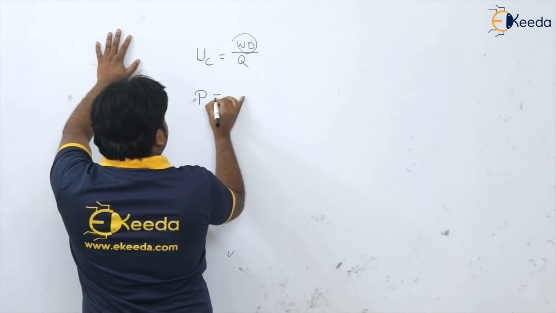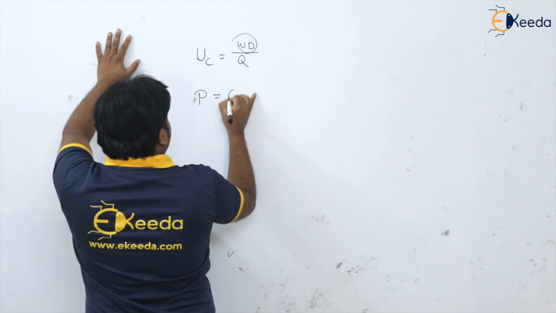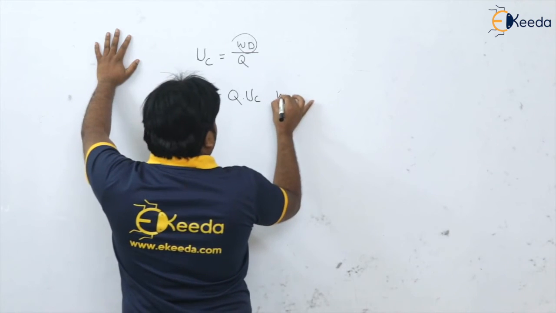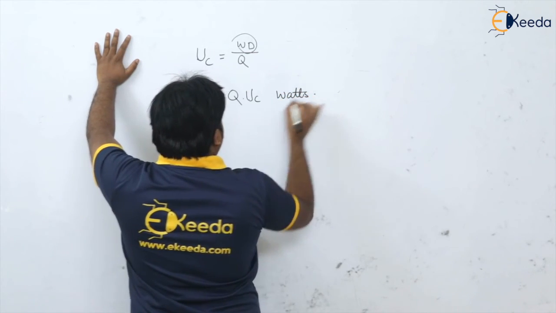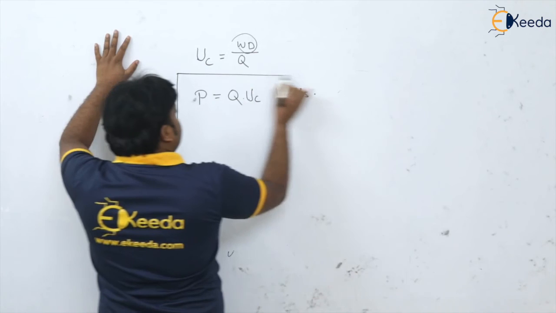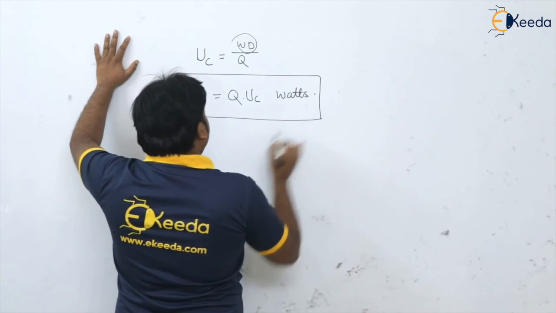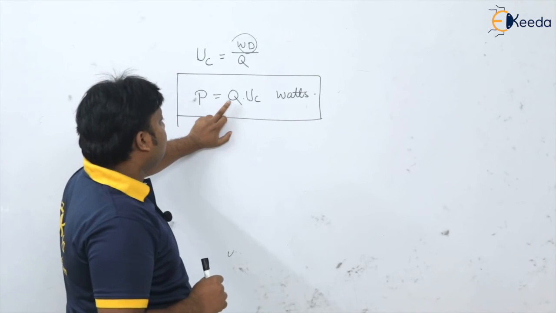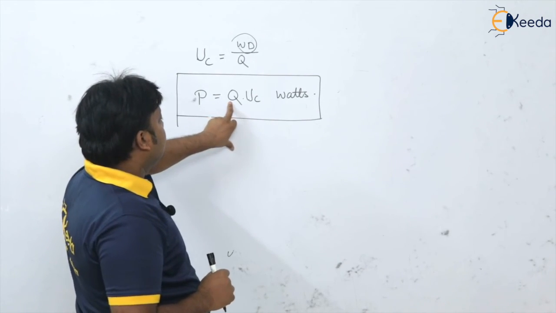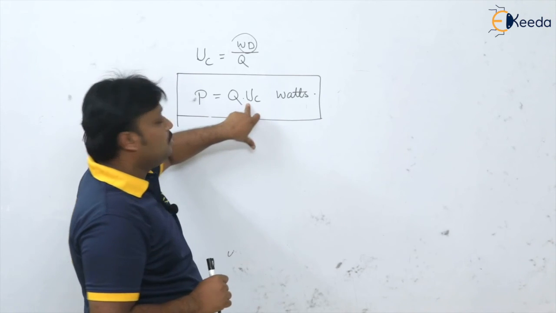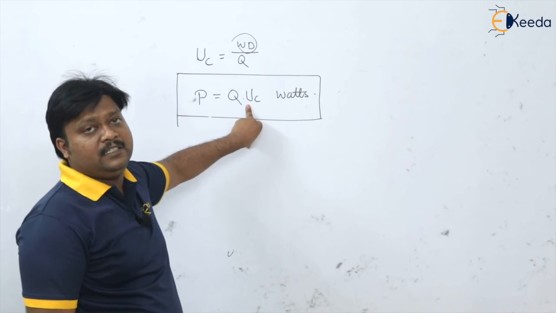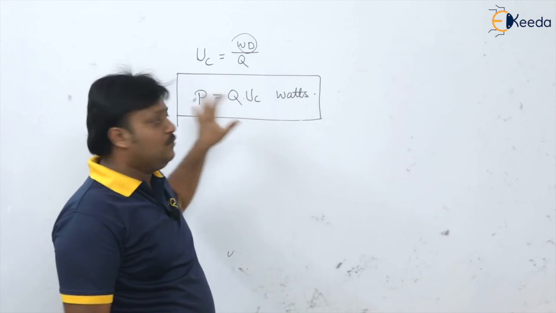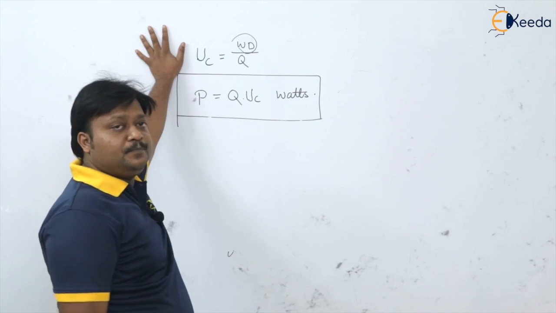So power is equal to Q into Uc, or Uc into Q, in watts. Power in metal cutting is equal to Q, our material removal rate MRR, into the specific cutting energy. You are getting this power in watts. So this formula you should remember.